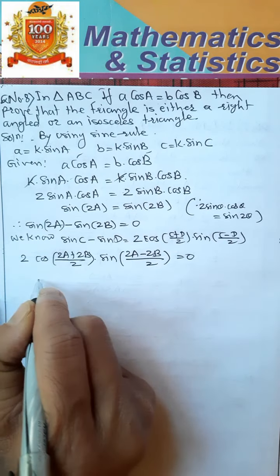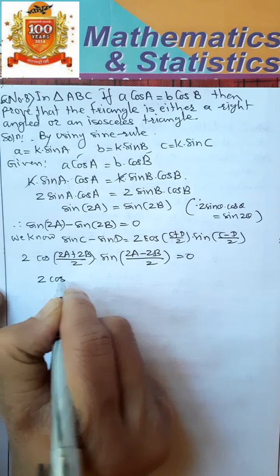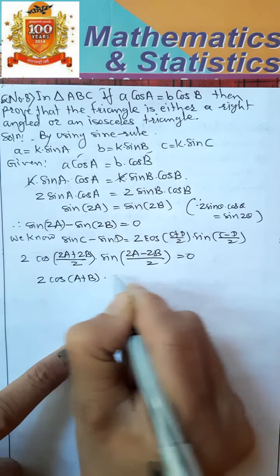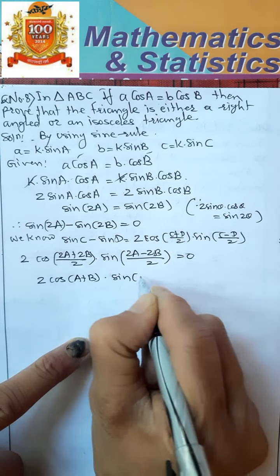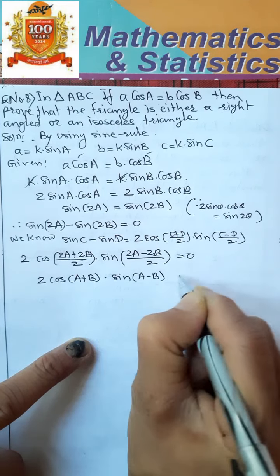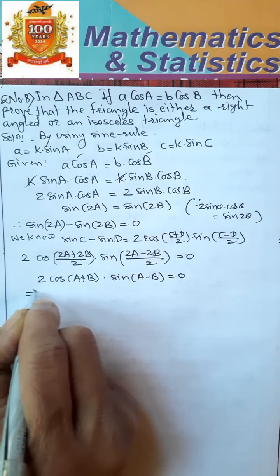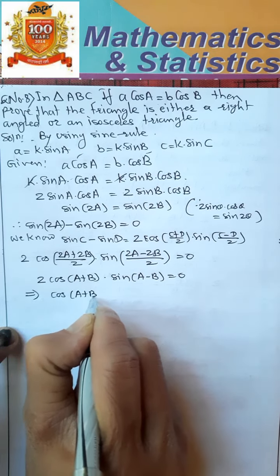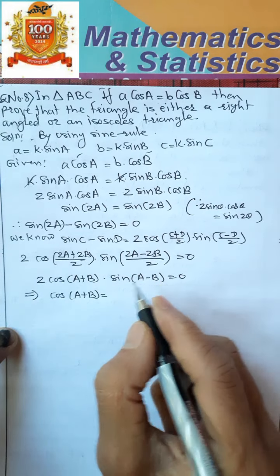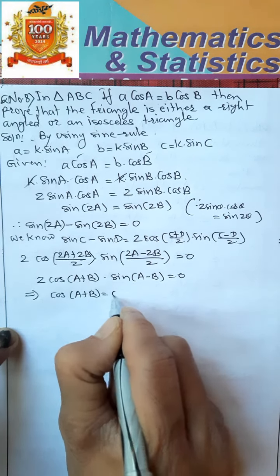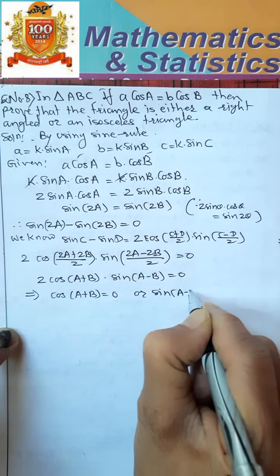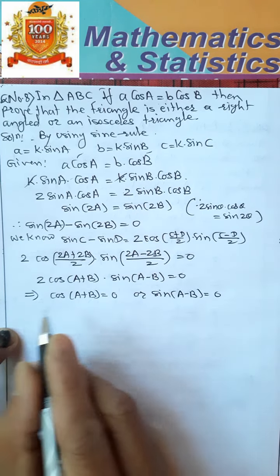That is, 2 cos (A plus B) into sin (A minus B) is equal to 0. This implies that cos (A plus B) is equal to 0 or sin (A minus B) is equal to 0.